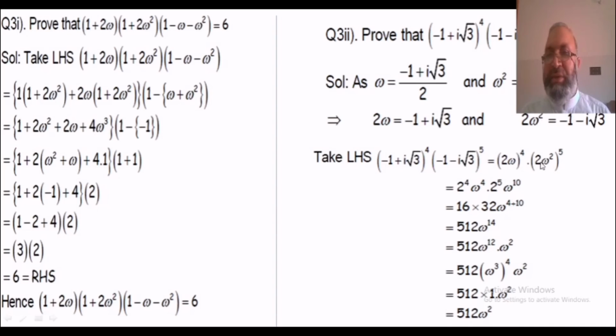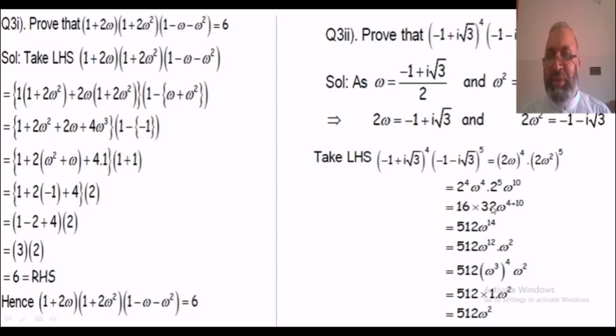Now simplifying these two terms, that becomes 2⁴ into ω⁴, multiplied by 2⁵ ω¹⁰, since 2 multiplied by 5 becomes ω¹⁰. Now simplifying the constant term, 2⁴ is 16, 2⁵ becomes 32, and ω⁴ multiplied by ω¹⁰ becomes ω⁴⁺¹⁰, that is ω¹⁴.